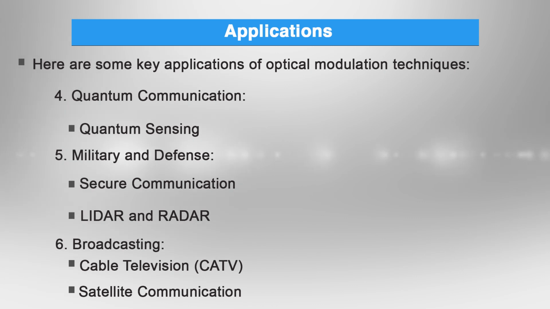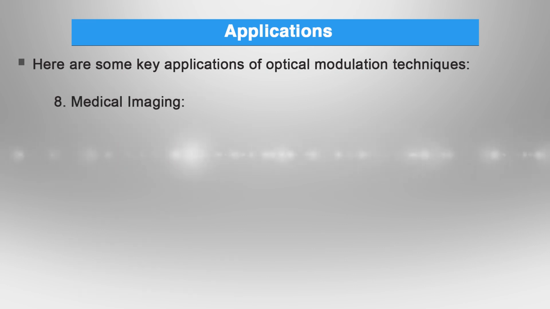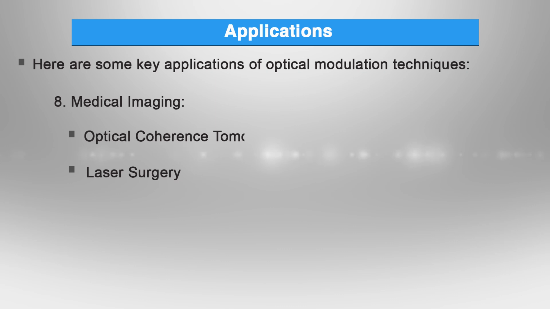Cable television. Optical modulation techniques are used to transmit television signals over optical fibers, providing high quality interference-free broadcasting. Next is medical imaging. Laser surgery. In laser based optical procedures, modulated optical signals control the laser intensity and focus, improving precision in surgeries.